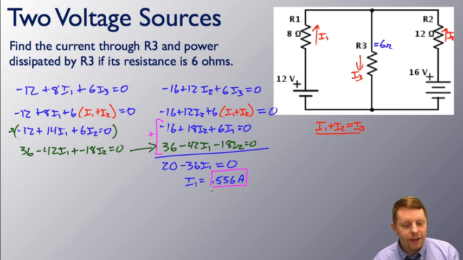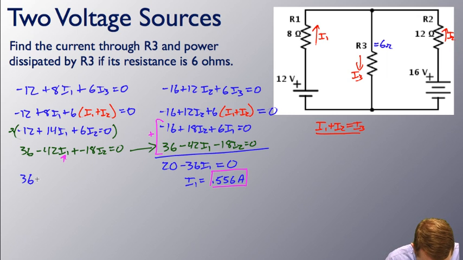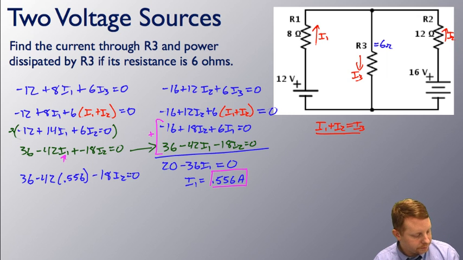Once we know I1, it should be pretty easy to go back and find I2 because I can plug in 0.556 amps right there. So 36 minus 42 times 0.556 minus 18 I2 equals 0. That's just a basic algebraic equation.